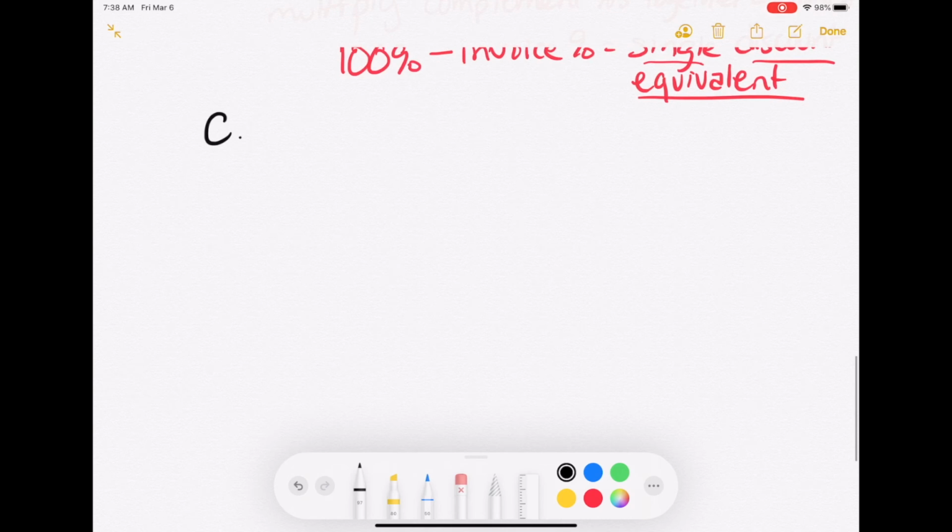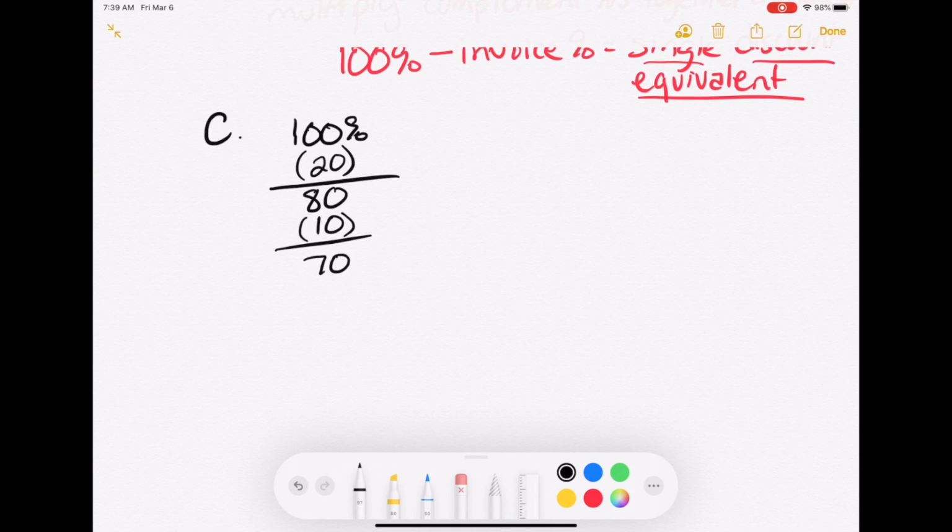So C says using the percent method, find a series of discounts with 20%, 10%, 5%, and a list price of 900. So we're going to take 100%, and we're going to subtract out our first discount of 20. That gives us 80%. We're going to subtract 10 from 80%. That gives us 70%. We're going to subtract 5% from that, and that gives us 65%.